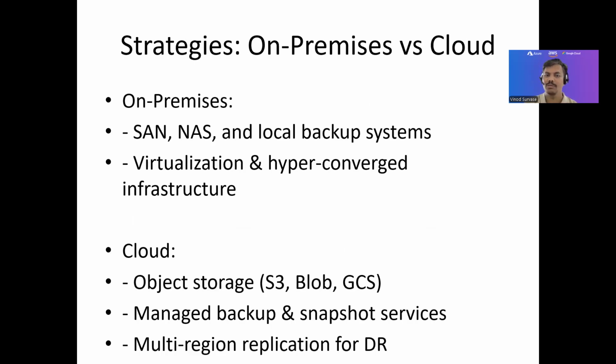Let's talk about some of the strategies on premises and cloud, right? We've seen there are different capacities and capabilities that we can utilize for storage and backup, including SAN, NAS, and local backup systems, along with virtualization and hyper-converged infrastructure, which is also called HCI.